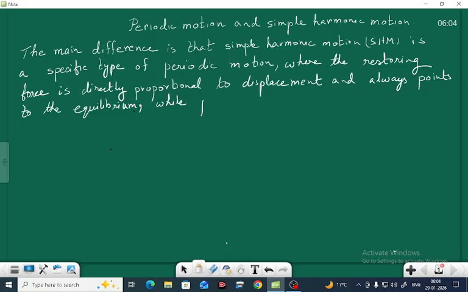while periodic motion is a broader term for any motion repeating at fixed intervals.